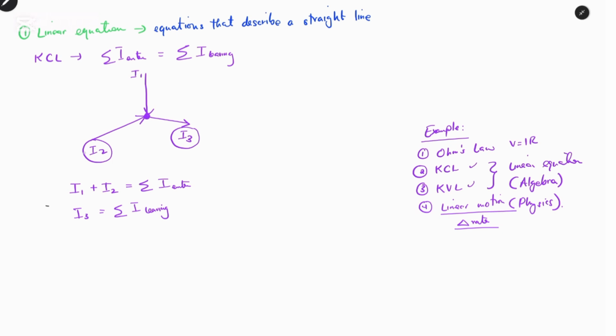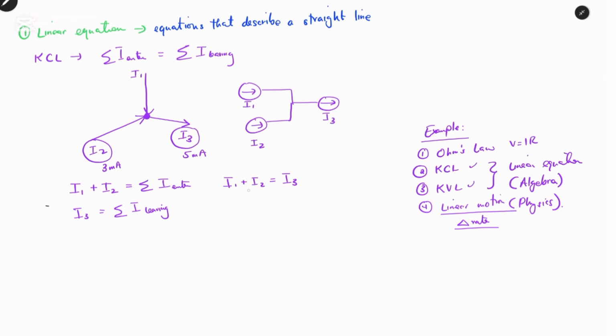If we have 3 milliamps going into the junction, and when we measure the output we have, let's say, 5 milliamps, this can also be represented in a figure where I1 and I2 are the current sources and I3 is the output. From this we can see that I1 plus I2 equals I3.